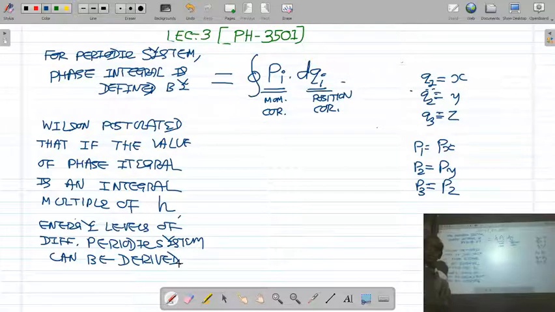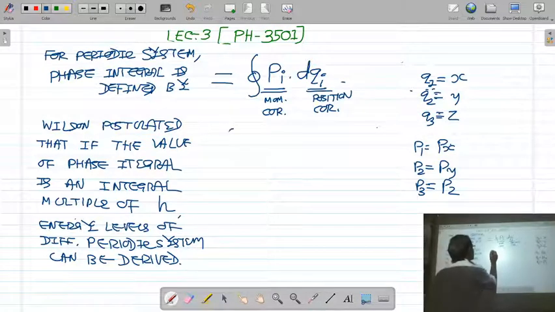So what the scientist Wilson postulated is that if the value of this phase integral is an integral multiple of Planck constant h, then you can derive Planck's radiation law, you can obtain the energy of the hydrogen atom, and you can also derive the energy of different periodic systems from this phase integral.